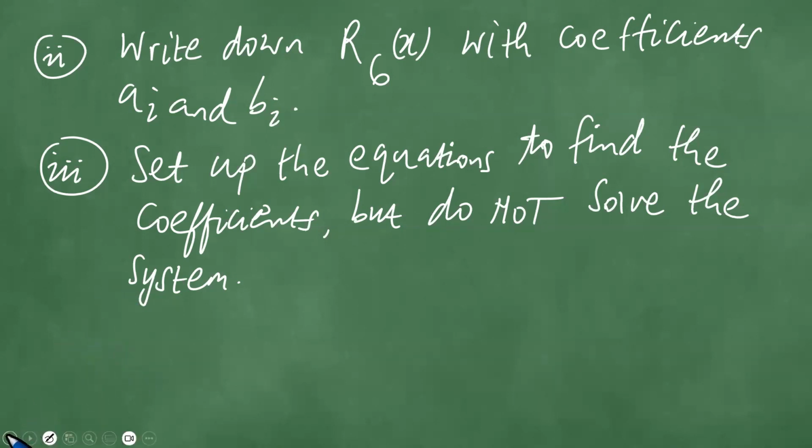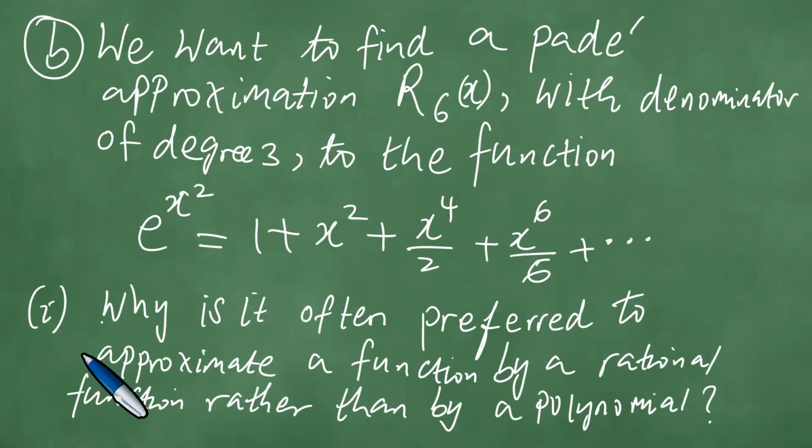If you look at this question, they're saying we want to find a Pade approximation R6 with denominator of degree 3 to the function this. So we have been given this function, e to the x squared.